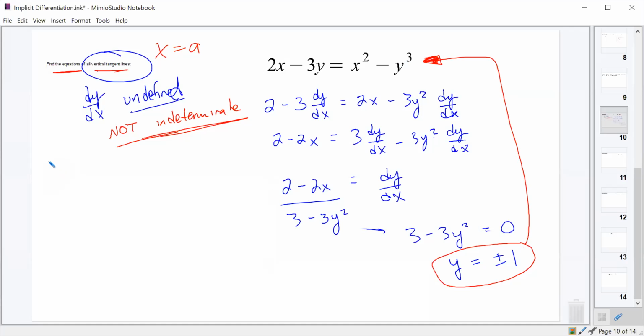If we do y equals 1, that's going to give us 2x minus 3 equals x squared minus 1. So x squared minus 2x plus 2 equals 0. Everybody agree with that? Yes.